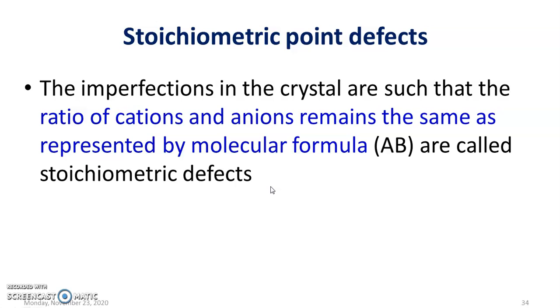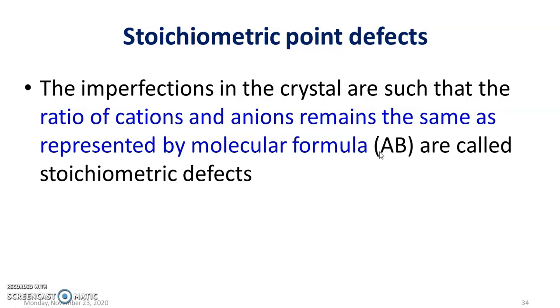In such a crystal, if there is an imperfection due to missing cations and anions or dislocation of cations, then the molecular formula or stoichiometry of the resulting crystal will not be disturbed. The actual number of cations and number of anions in the crystal will remain the same.